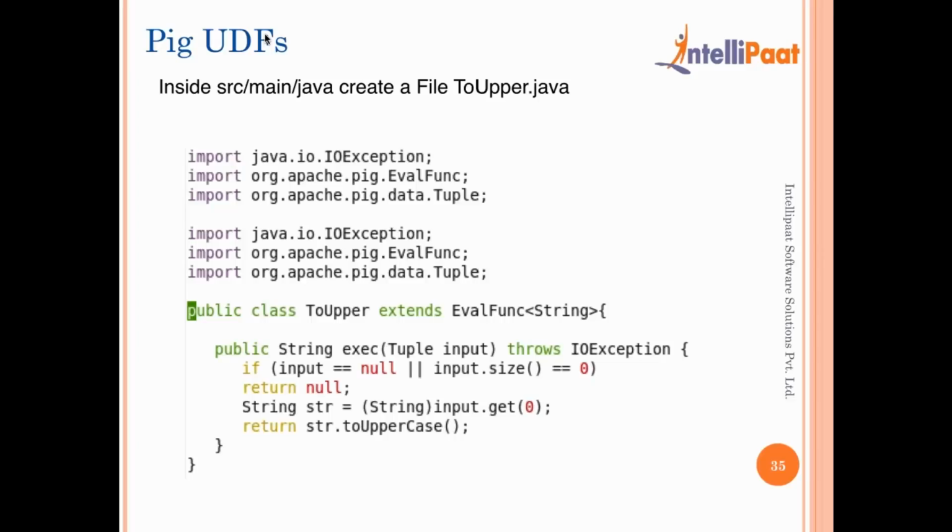Correct. So if you are using this toUpper function in your Pig script, after registration of course, the input should be a tuple only, correct? Yeah, it should be a tuple. If it is a relation, it will not work. So you have to use flatten first and then use this. Okay, makes sense.